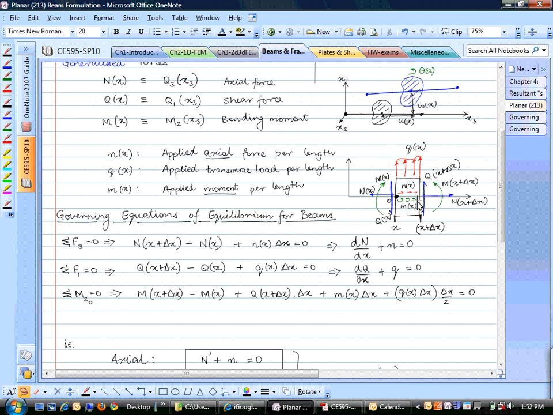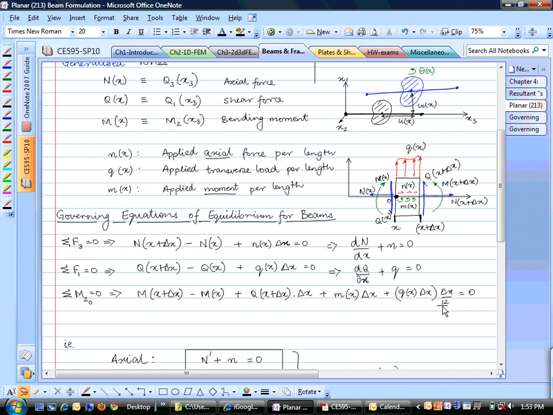You could have an applied moment, which is really not that common in practice. So in most cases you can neglect this term small m. But if there is applied moment, you take that, plus the moment due to this distributed force. The distributed force you can think of as q times delta x. That's the total force acting at midway through, delta x by 2. So that's the moment due to that.